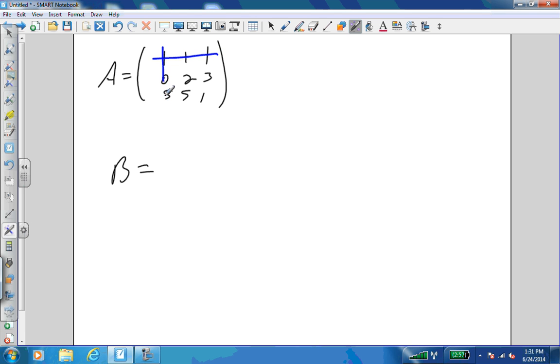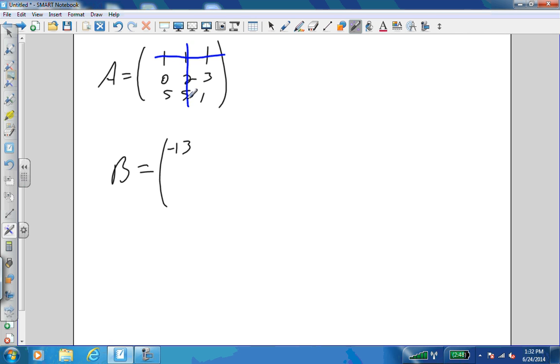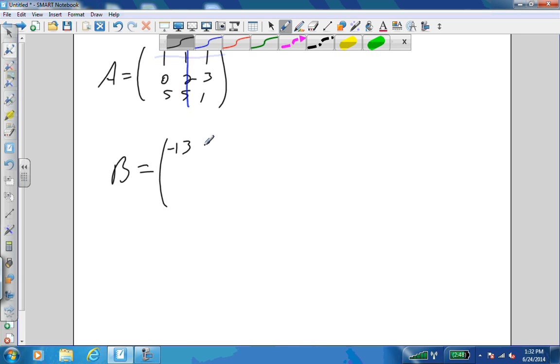We cross out row and column. We have 2 minus 15. So negative 13. Then if we cross out row and column, we have 0 minus 15. But we do the opposite of that sign because row 1, column 2, that's 1 plus 2 is odd.